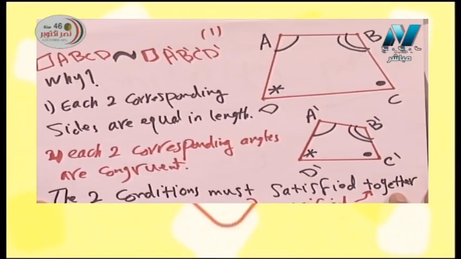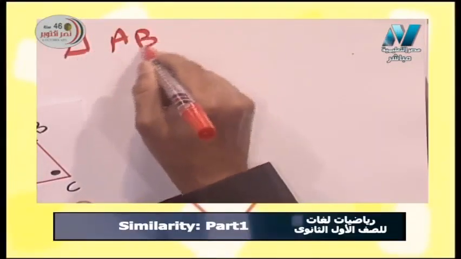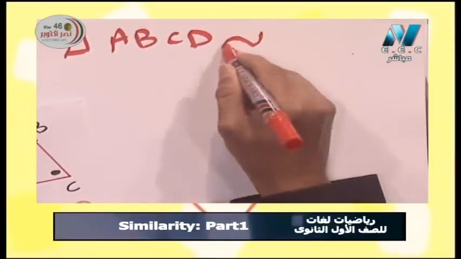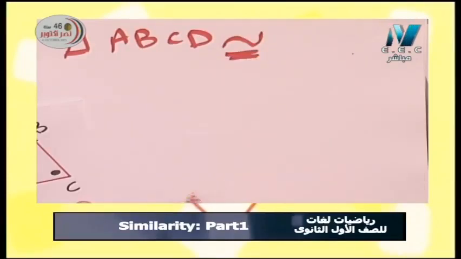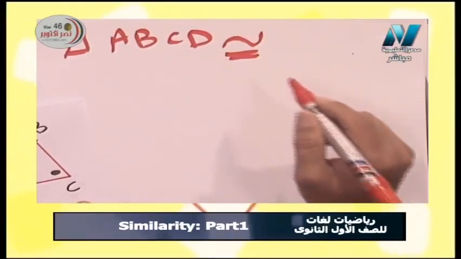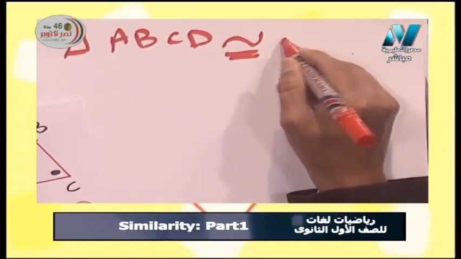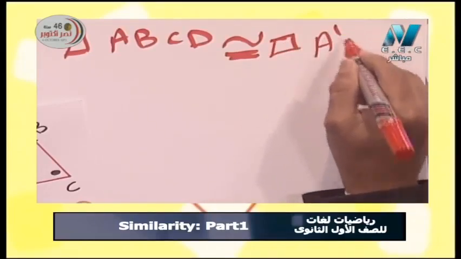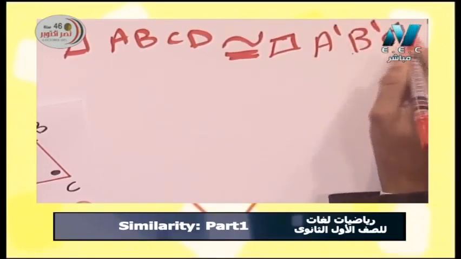Each two corresponding sides are proportional means that if we have the names again, the quad A, B, C, D is similar to, the sign means similar to, quad A dash, B dash, C dash, D dash.